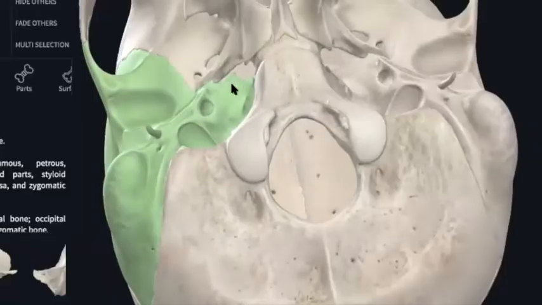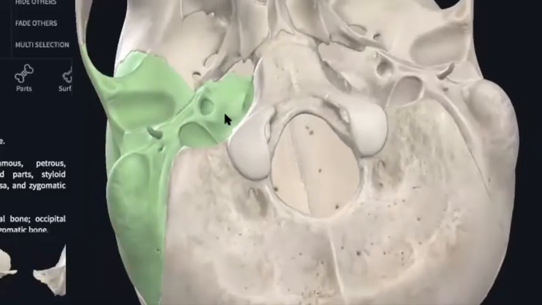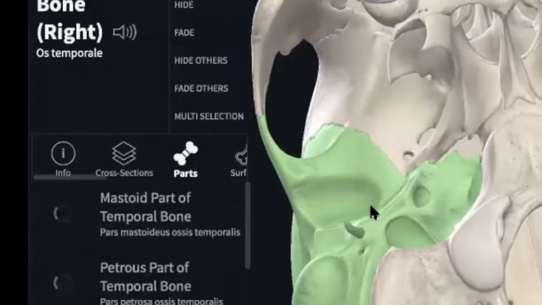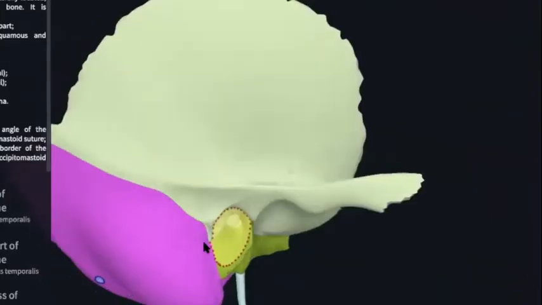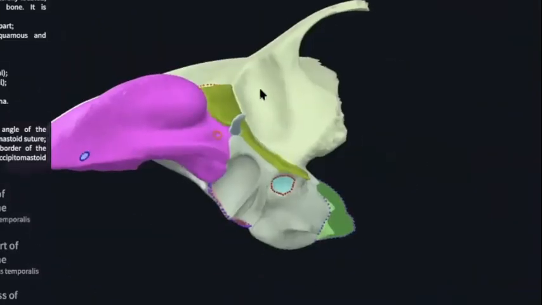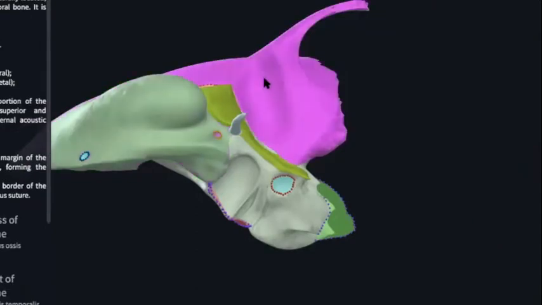Your temporal bone next is also pretty complex. You've got a bunch of stuff on that, so we'll isolate it for a second just to show you those from this view. It's not labeled in particular, but this indent right here is called the mandibular fossa.